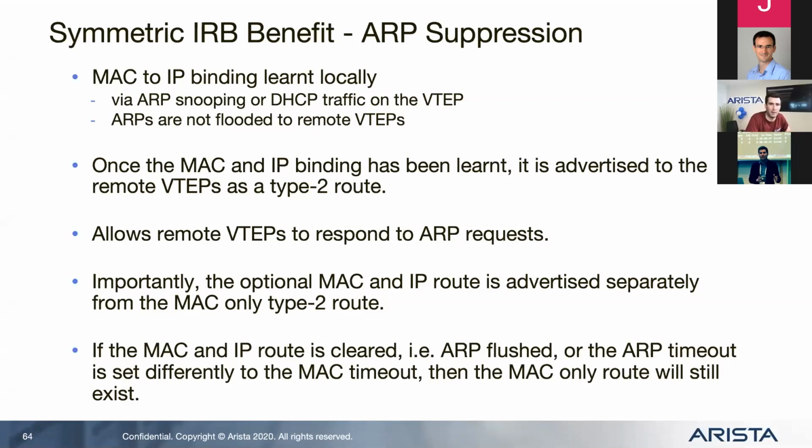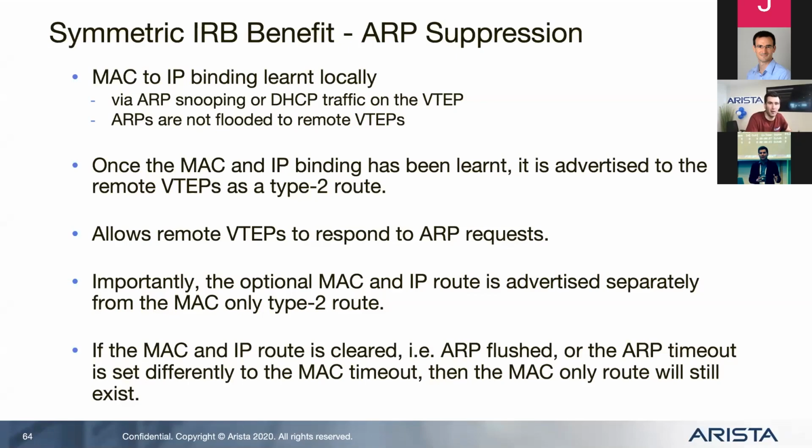So you have the MAC to IP binding, but what we can actually do is advertise this ARP information, the MAC to IP binding information, via a type 2 entry that other devices are then able to learn. This means that we can suppress ARPs across the infrastructure. We can suppress the broadcasting of ARP traffic, and we're not reliant on waiting for that learning to happen before remote devices can learn where other devices reside.